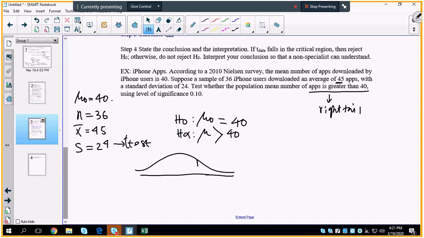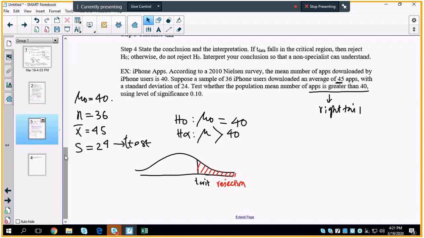So on the right tail, you call it t-critical. That's what you are trying to find out, and I will find it from the spreadsheet. And I will shade the rejection region. So this is the rejection region, or the critical region, in this problem. And the rest we're going to do all on the spreadsheet.